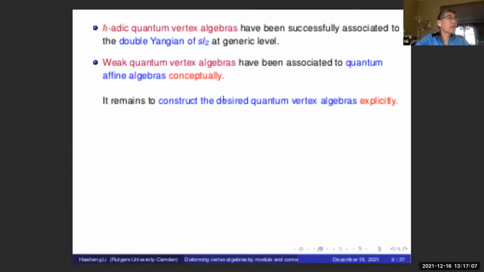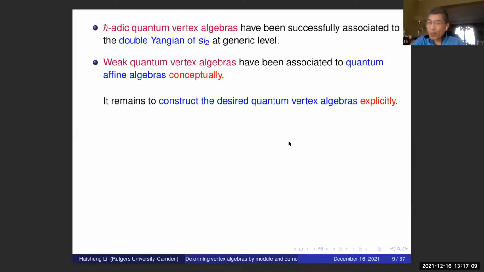But of course, the main problem, so we do want to characterize those desired quantum vertex algebras, or we want to say we construct them explicitly by using certain classical algebra, certain classical data to get the vector space explicitly. Okay, so that's the idea.